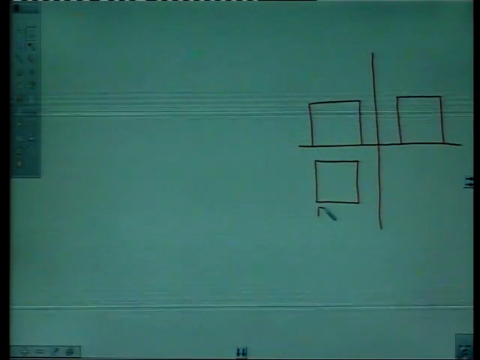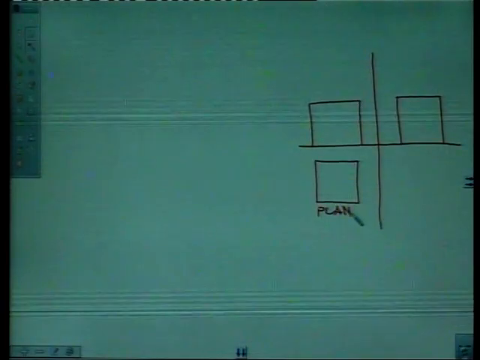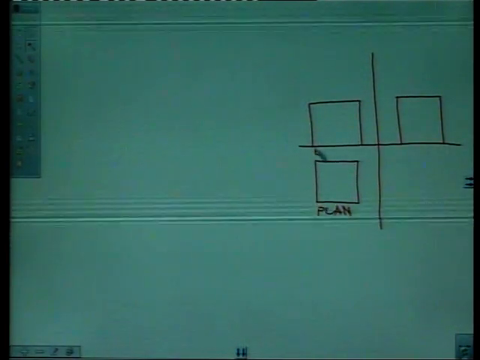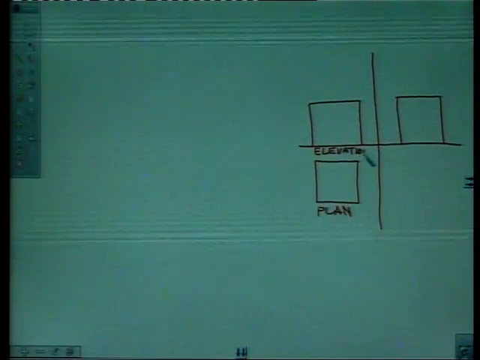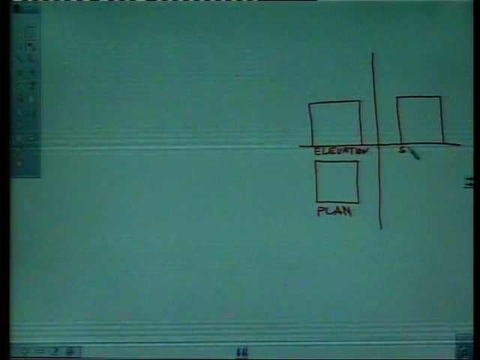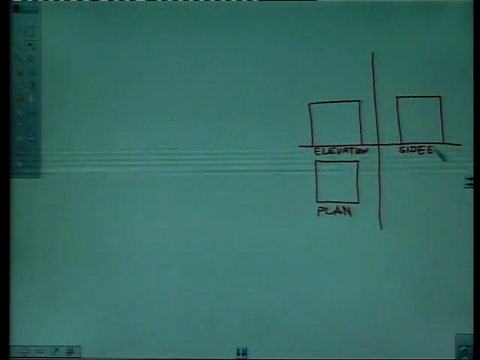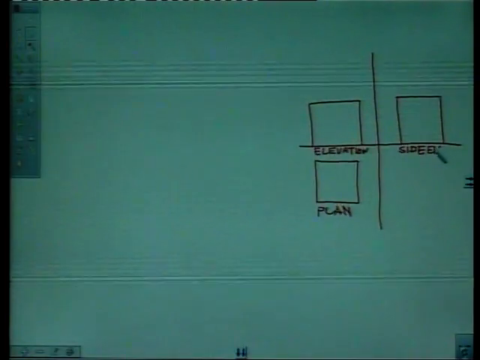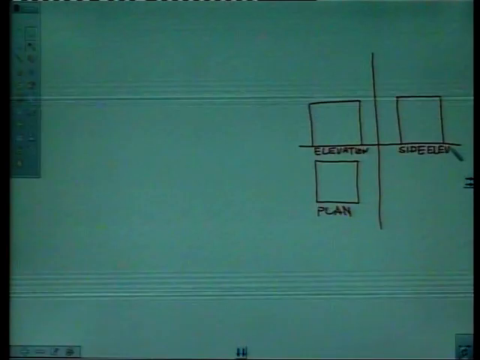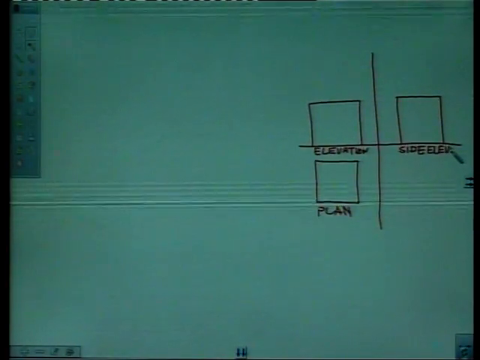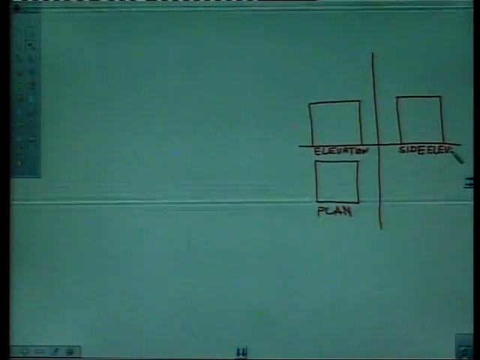This is plan. This is elevation. And this is side elevation. Okay. I am not going into detail. You must be aware of what is plan, what is front elevation and what is side elevation.